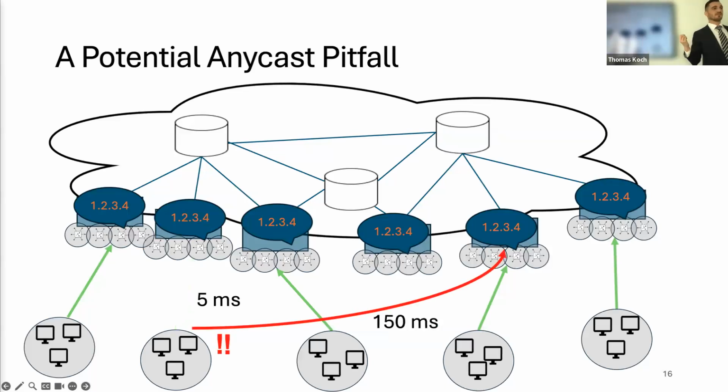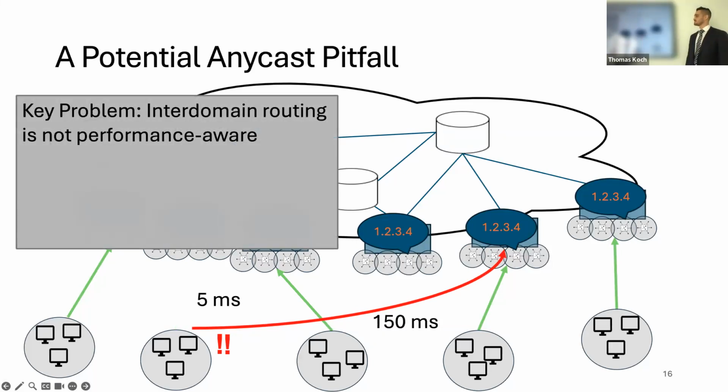But that can be on the other side of the world. And you're inducing this really unnecessary large high propagation delay of 150 milliseconds, hurting the user's experience. The key problem that causes this is that the inter-domain routing process that I was showing you is not performance aware. Nowhere in that process was performance taken into account, just independent decisions made in different organizations.